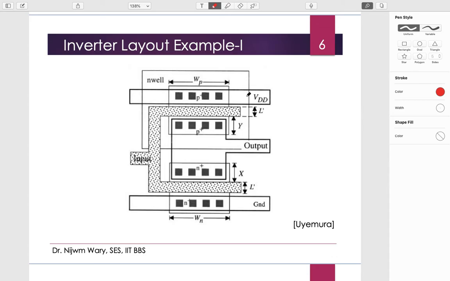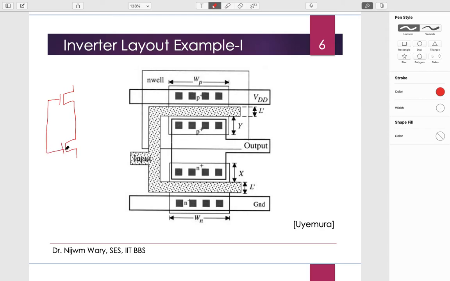Here we are not able to identify which layer this is, whether this is metal one or, of course in this case, the poly is dotted here. But in actual Cadence, we'll see that all these layers are colored differently so that we can identify easily. So this is an example of inverter layout.